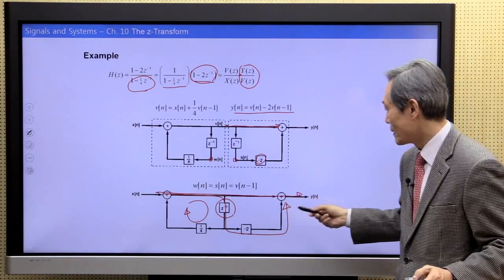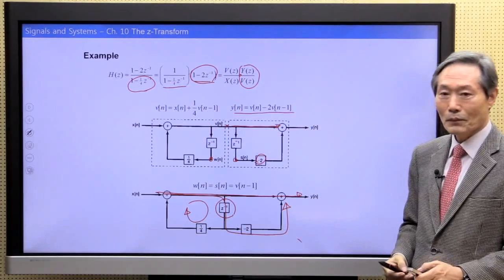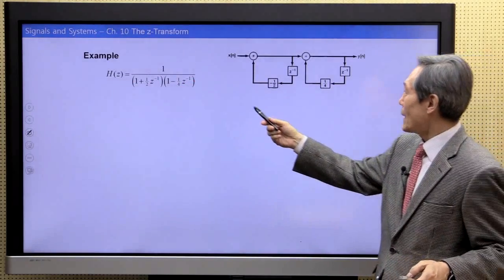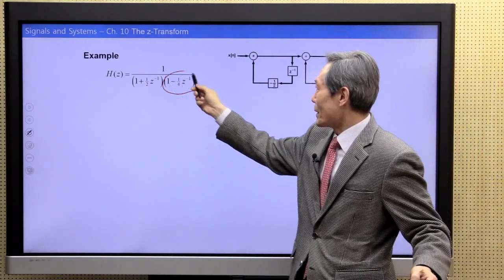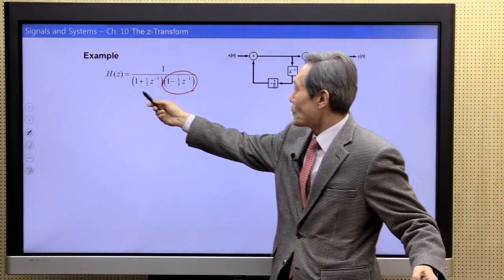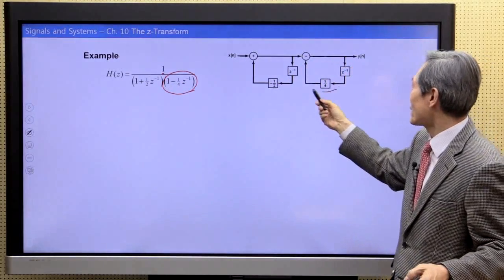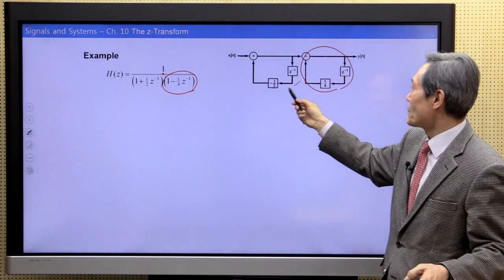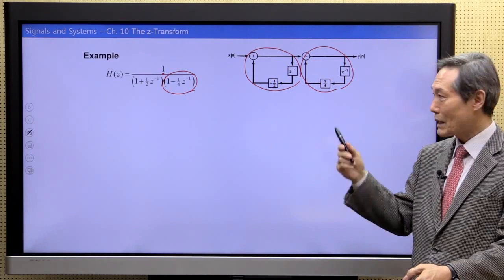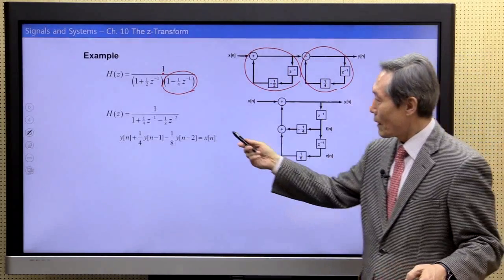This is 1, this is minus 2 G inverse. Okay? We have this one there, and we have another one cascaded. So this one is appearing there, something similar appearing in front in cascade. That's one implementation. Or we may implement it in this way.